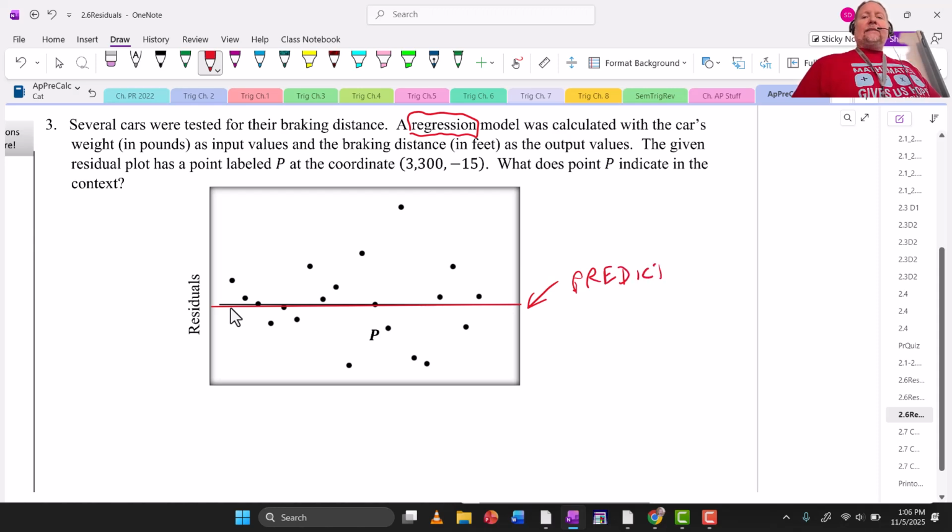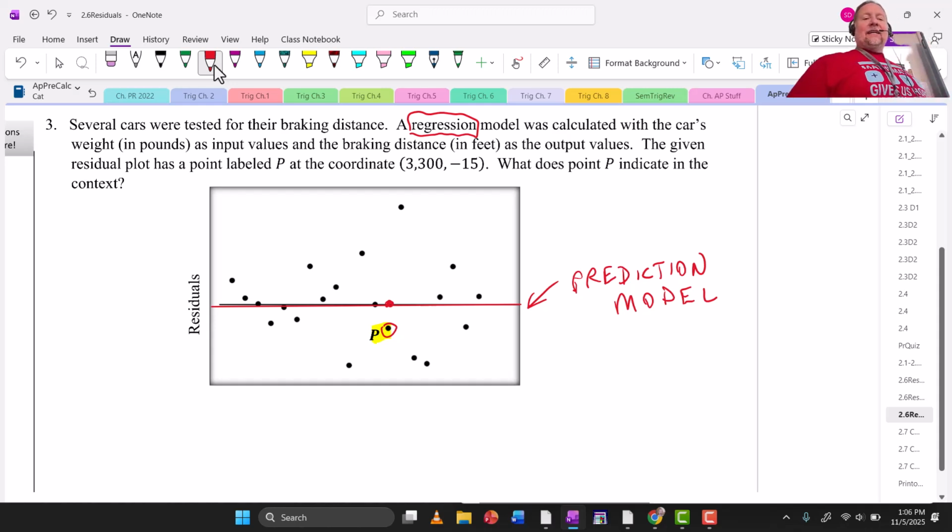It's linearized. And then they say what the coordinate is, but they also label it. So guys, it's real simple. What's the model compared to the prediction point? An over or underestimate? It's an over because it's above.